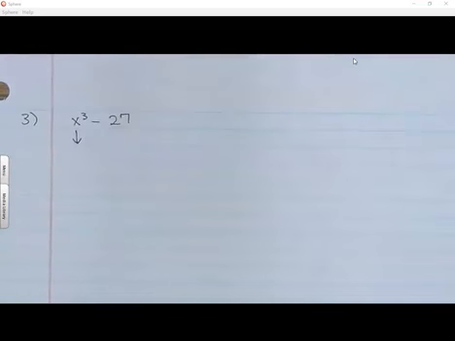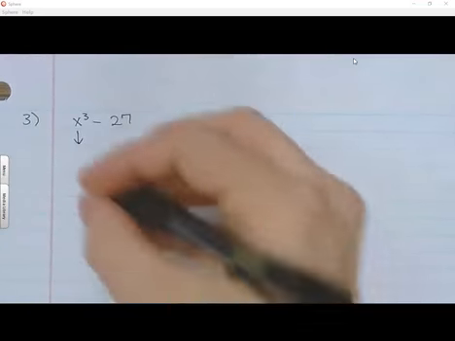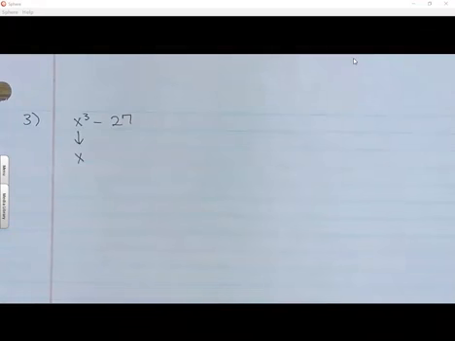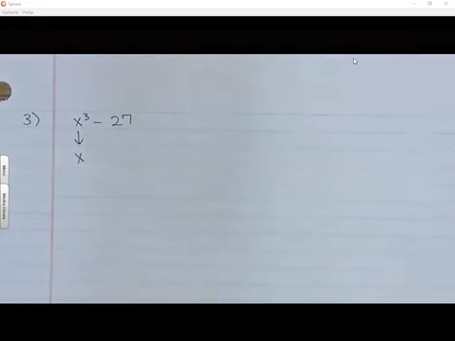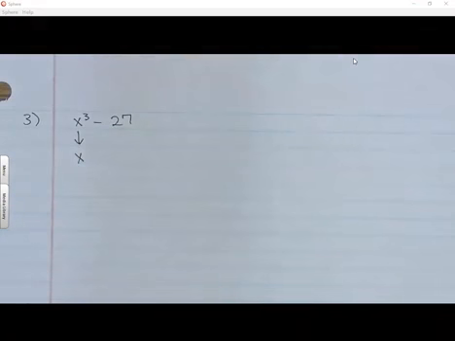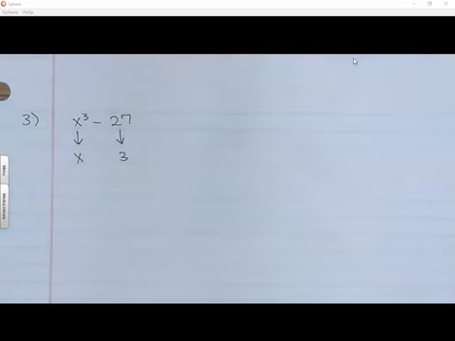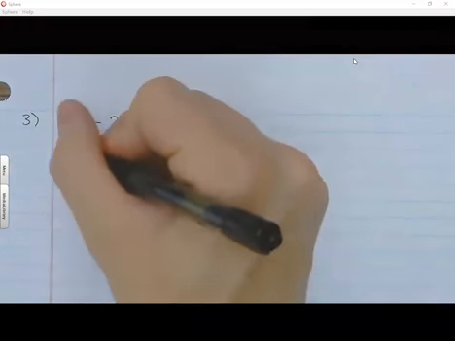So what's the cube root of x cubed? Well, that would just be x, right? It's always going to be x. And at the same time, we got to think about what's the cube root of 27 going to be? That, of course, is 3. Okay, so that's my short factor.